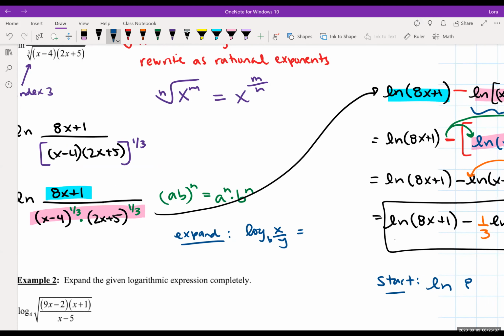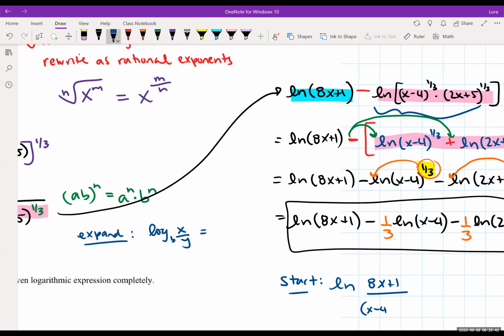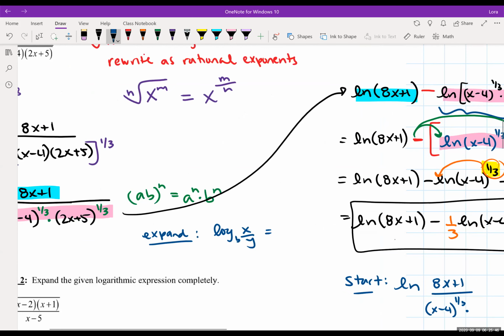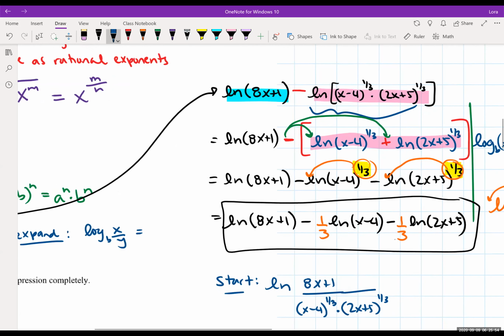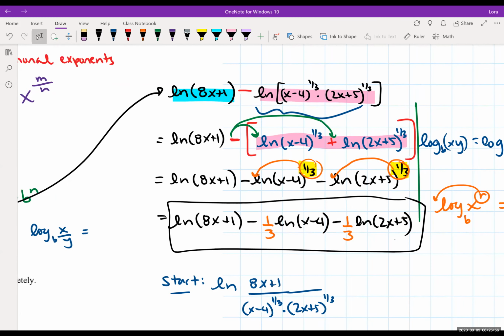So I'll start out with the 8x plus 1 over x minus 4 to the 1/3 times 2x plus 5 to the 1/3. So we started off with a log with a fraction, and we ended with an expansion of 3 different logarithms, same base, but different arguments and such.